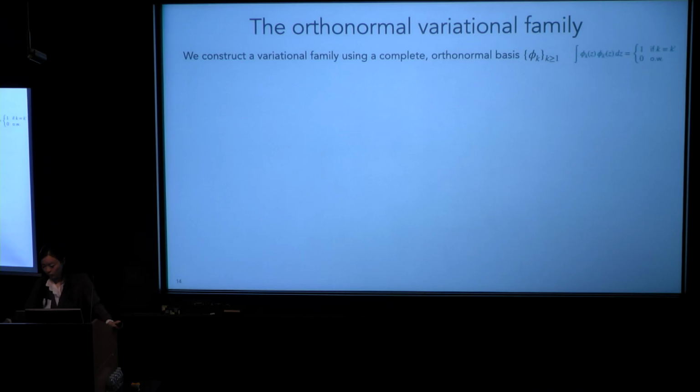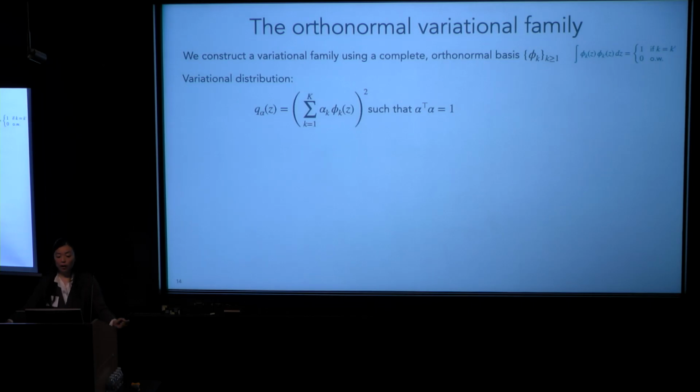And what we mean when we say orthonormal is that if we integrate any two of these basis functions, it's going to be 1 if they're the same and 0 otherwise. And so we'll consider the following variational distribution, where we're taking a linear combination of our basis functions and squaring them. And so here, these alpha coefficients are the variational parameters that we would like to fit.